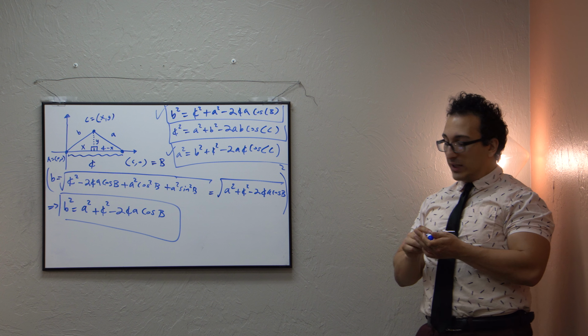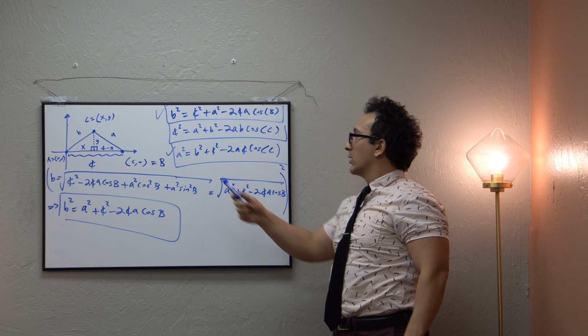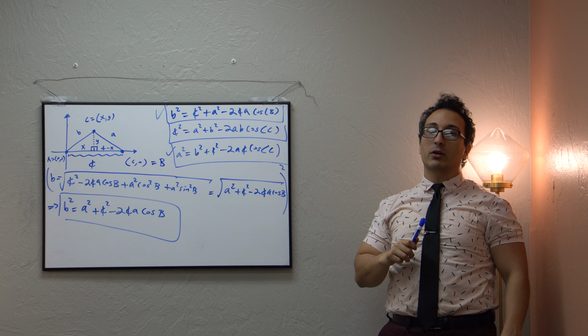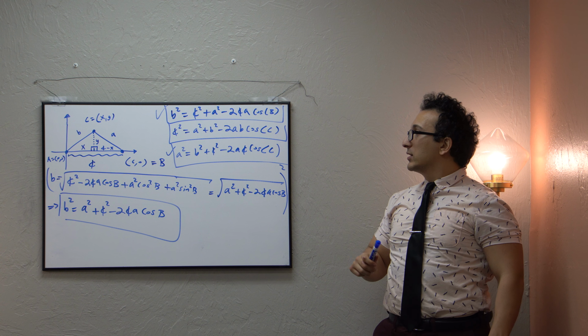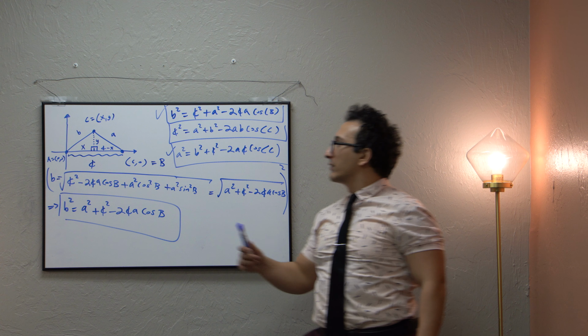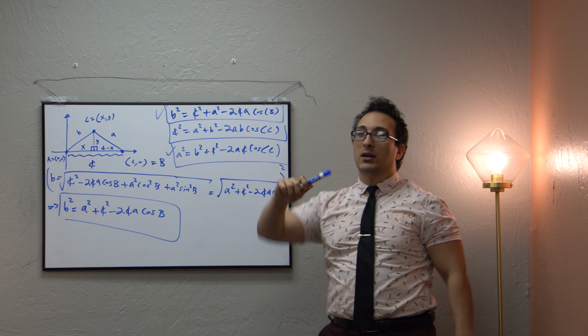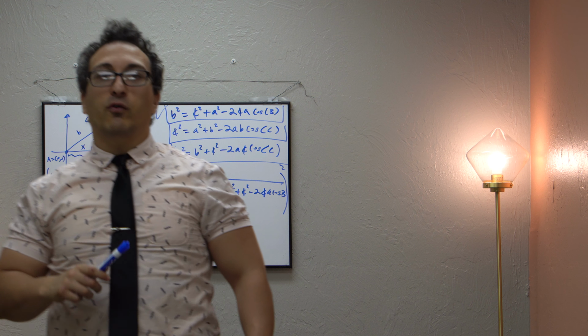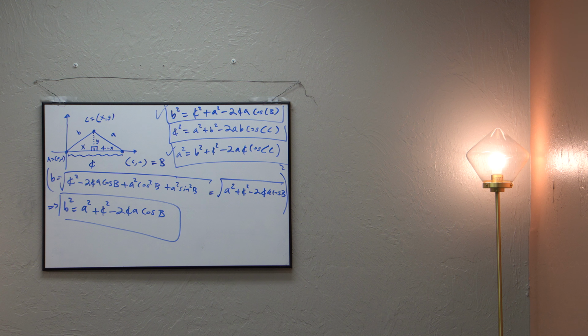So I challenge you at home, go and prove this middle one. It will involve a very similar argument. Okay? Take the cosine and sine of the angle C, and then take the distance formula, and then solve for that last identity.